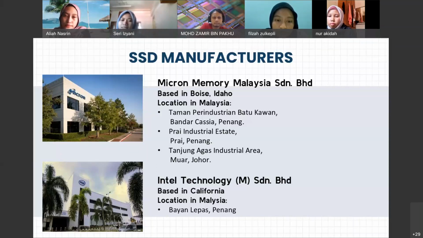The second company is Intel Technology, based in California, and the location in Malaysia is at Bayan Lepas. I think that's all from us.